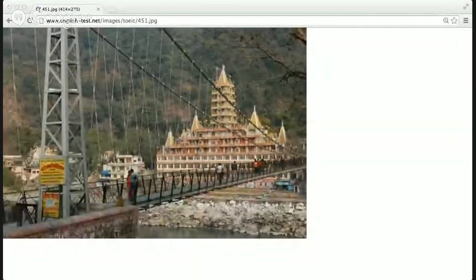Yes, in the background of the picture, there is like a big palace or something. There is a narrow bridge that seems like it's just for pedestrians. Okay.